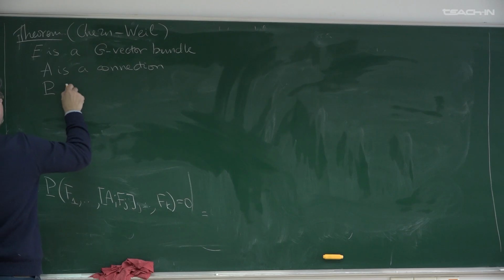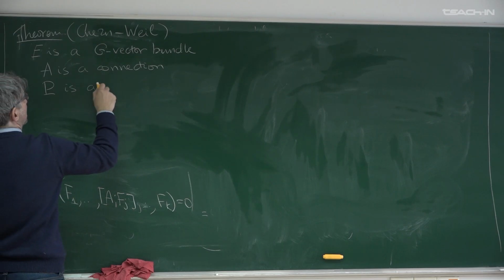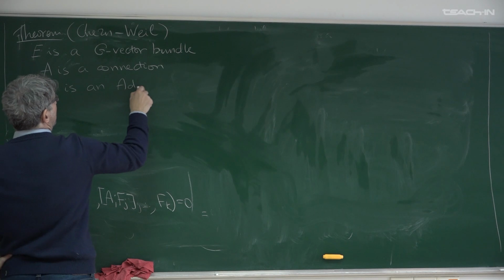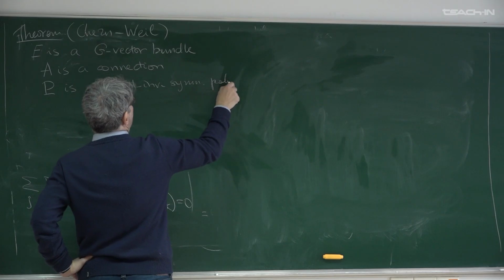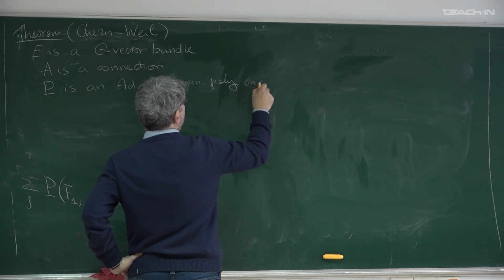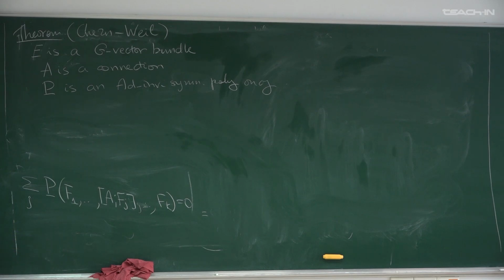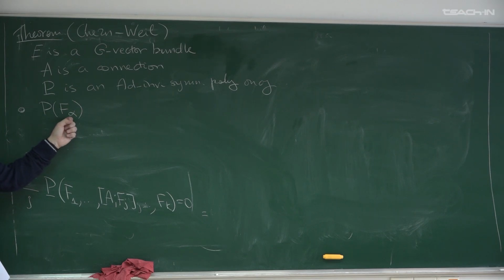P is an invariant symmetric polynomial on G. Then the claim is as follows. What we wrote here, F alpha, is a curvature form which sits on the trivializing chart U alpha. If you calculate this thing, you will obtain a differential form.